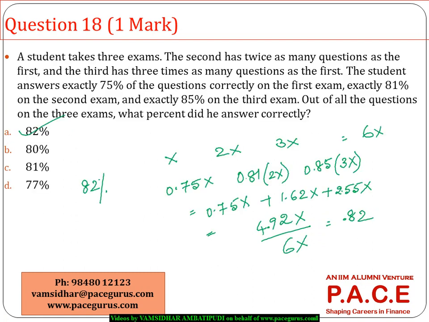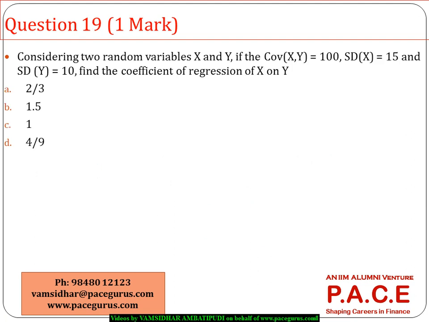Now moving on to the next question. Considering two random variables x and y, if the covariance of xy is 100, standard deviation of x is 15 and the standard deviation of y is 10. Find the regression coefficient of x on y.